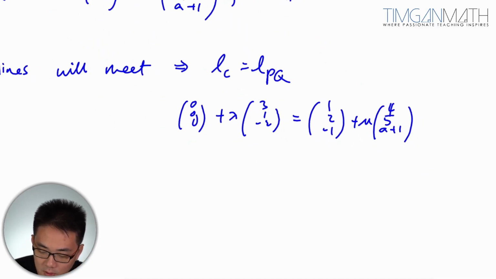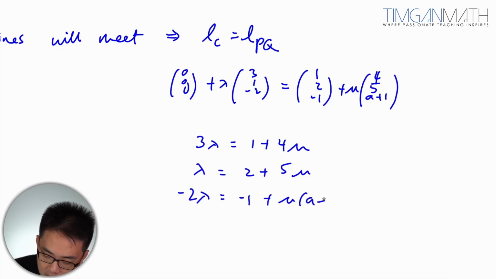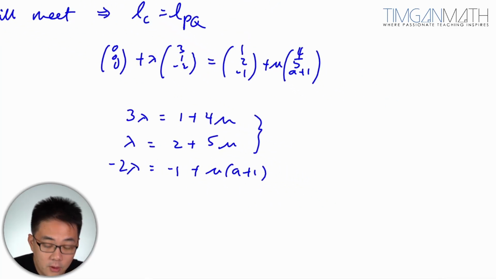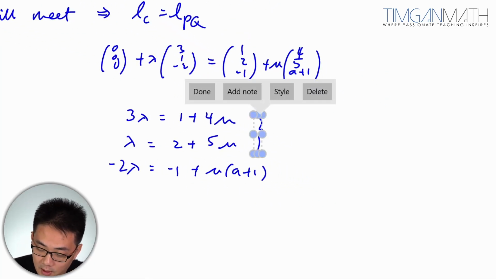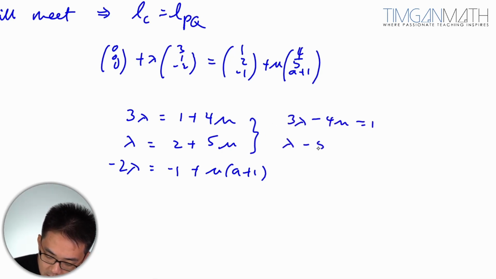Then we get 3 lambda equals 1 plus 4 mu, after which lambda equals 2 plus 5 mu, and minus 2 lambda equals minus 1 plus mu times A plus 1. From the first two expressions we can use the GC and solve it. Rearranging: 3 lambda minus 4 mu equals 1, and lambda minus 5 mu equals 2, from the GC.